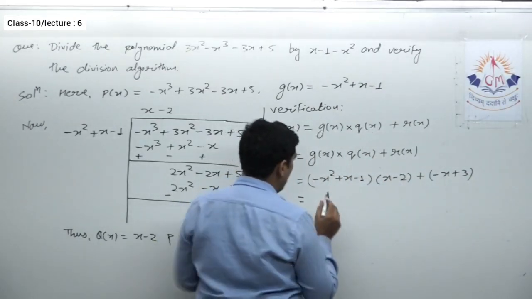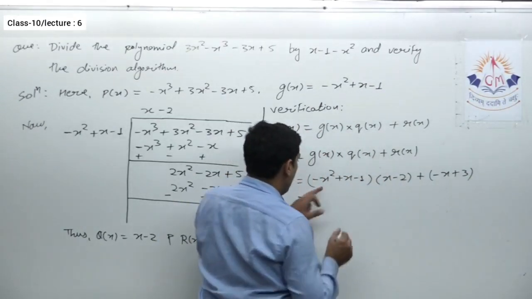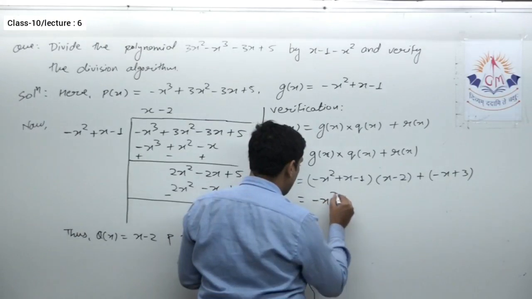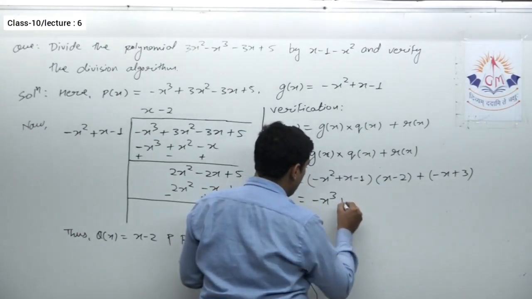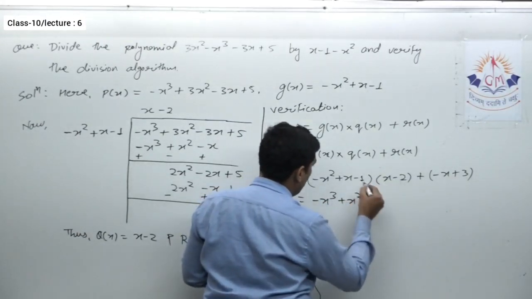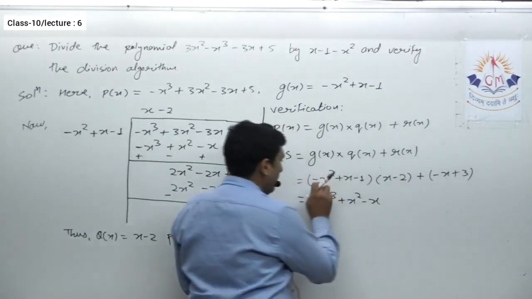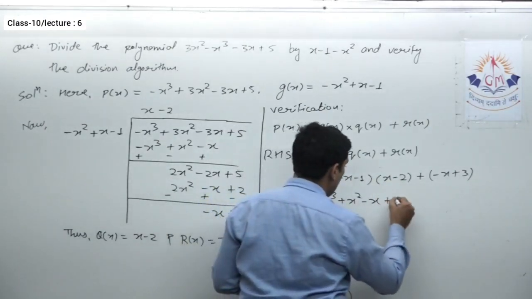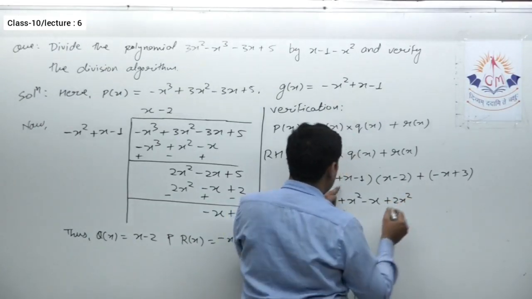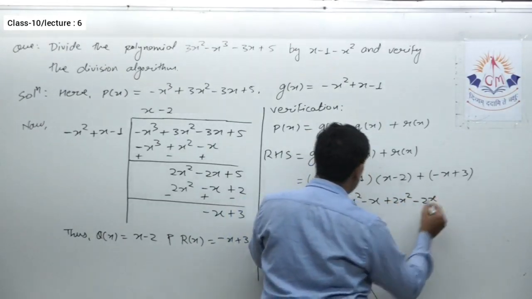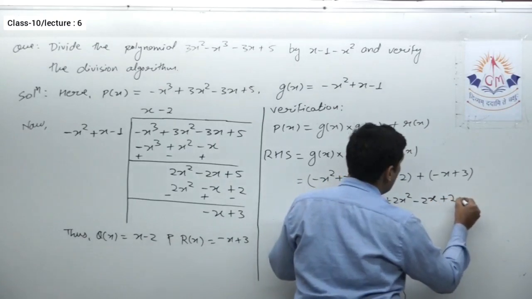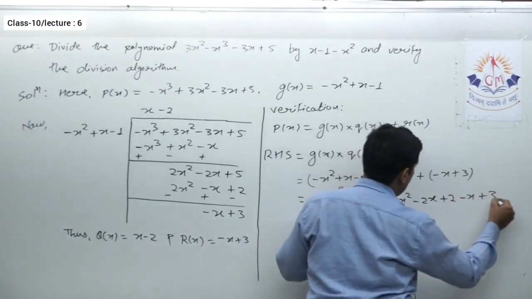So let us see now. x multiplied by minus x square is minus x cube. x multiplied by x is x square. x multiplied by minus 1 is minus x. Minus 2 multiplied by minus x square is 2x square. Then minus 2x, then plus 2, and over here minus x plus 3.